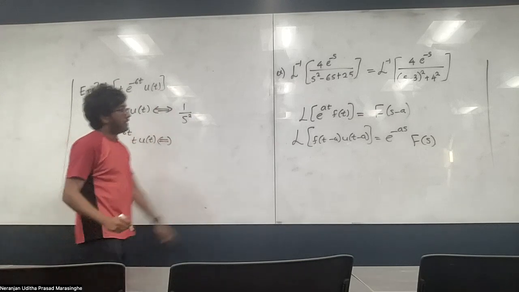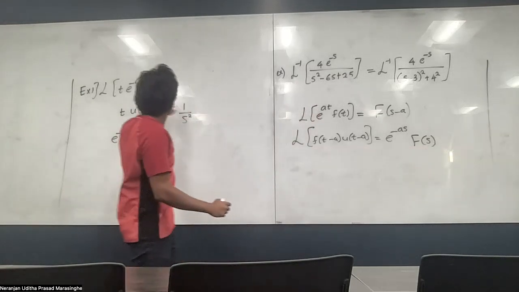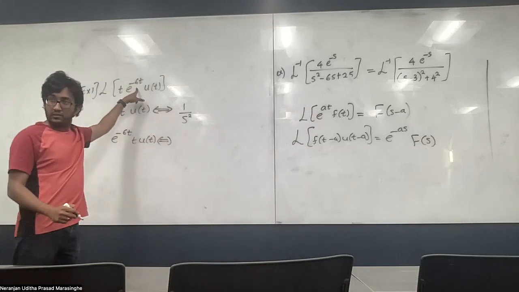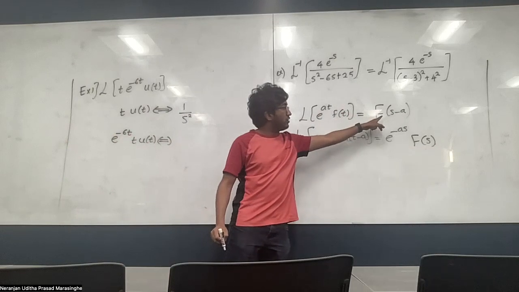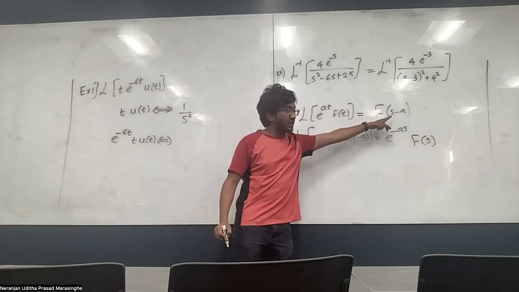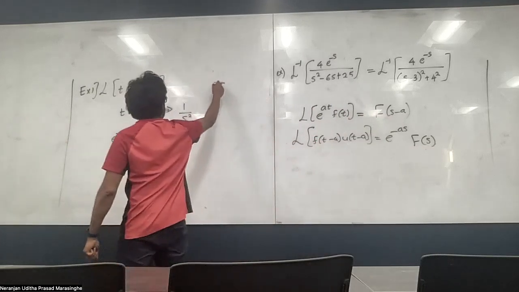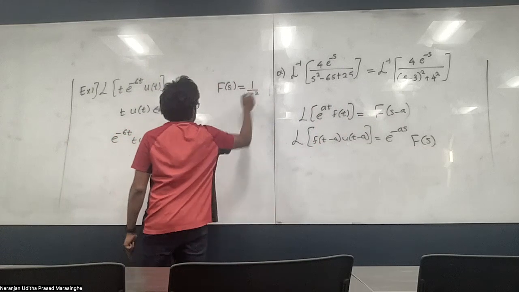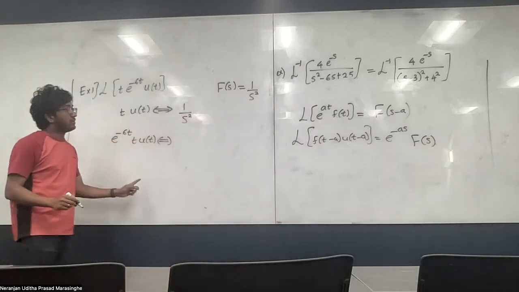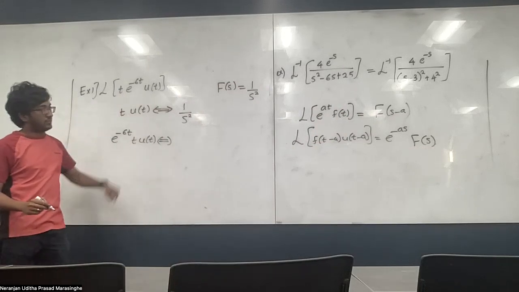Okay, now instead of a, I have what? Instead of a, I have minus 6. So what would happen to the Laplace transform? My F(s) is, in this case, 1 over s square. This is the Laplace transform of the original function, right?